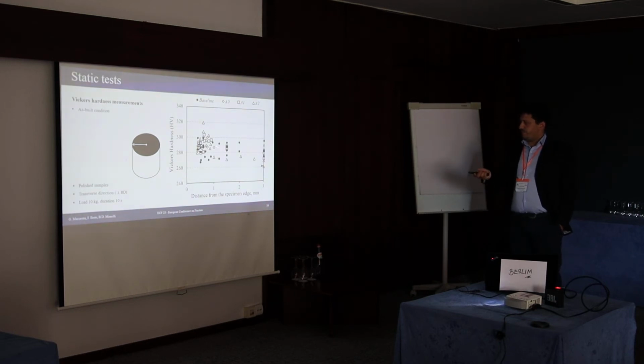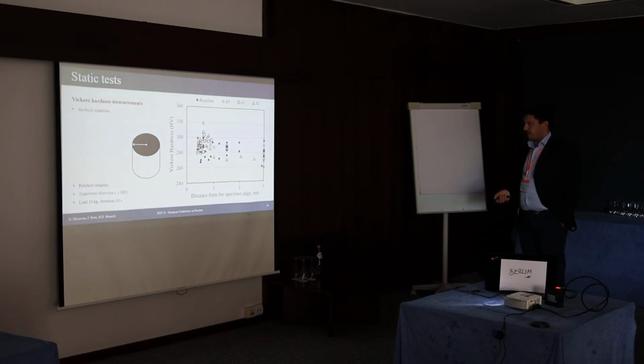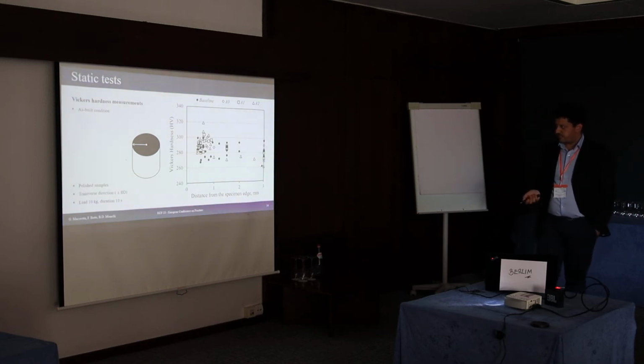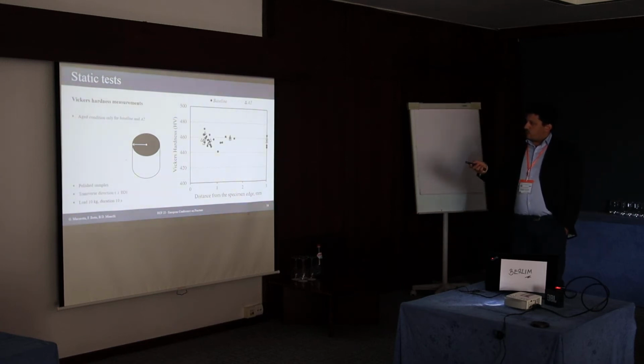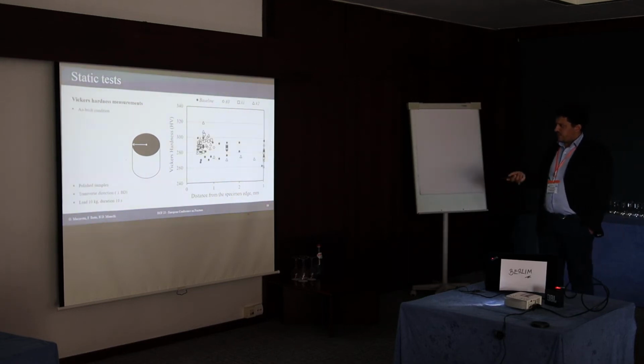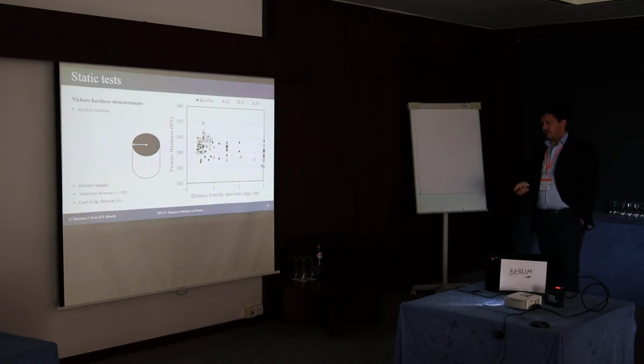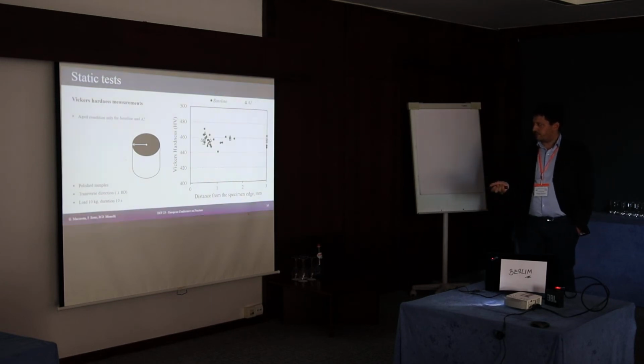You can see that the hardness is almost constant, and the variation in parameters produces an effect that is almost the same as the scatter that we have in the Vickers hardness measurements, both in the as-built condition and in the aged condition. Only in the as-built condition we can see a small increase in the hardness in the outer part in the ATU and A1 process parameters, probably because of a higher thermal gradient due to a higher velocity of the process.